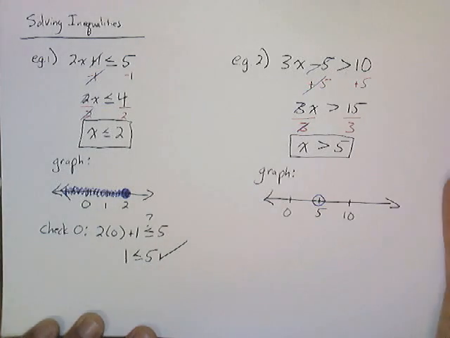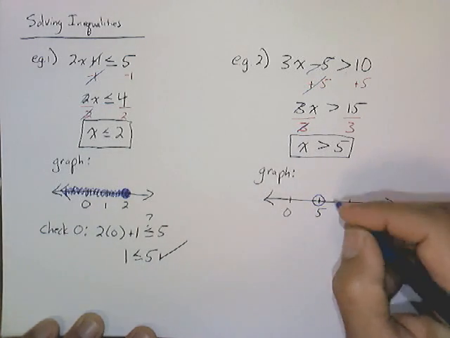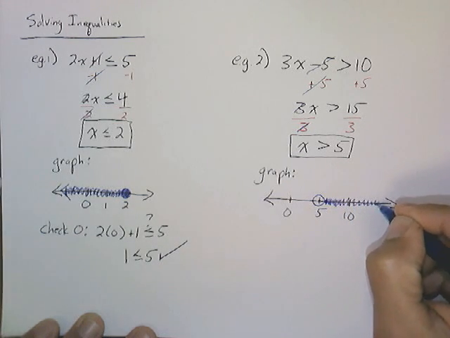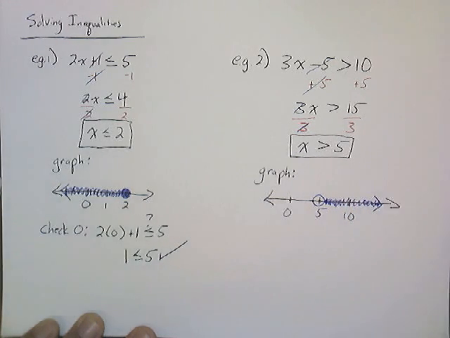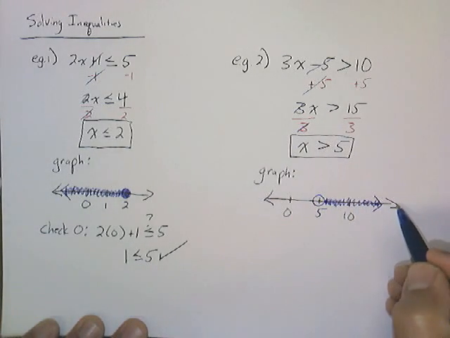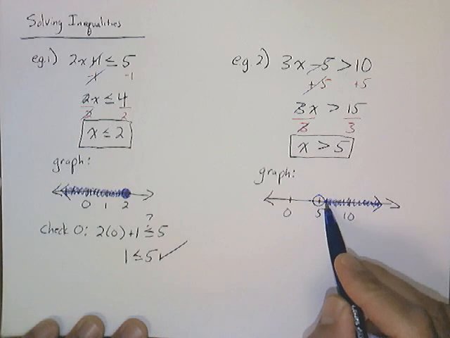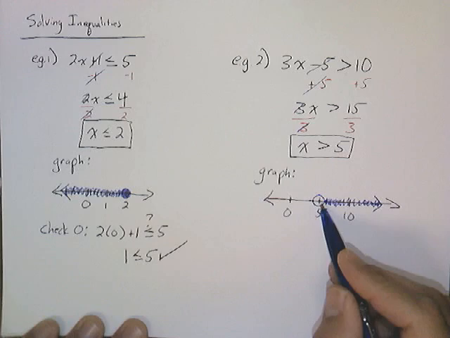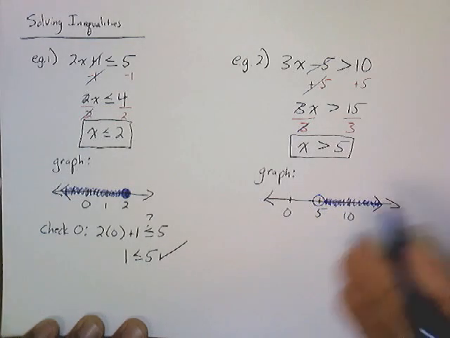But we do want everything to the right of that. So we just shade to the right, put a little arrow there. So we're not wanting 5, but we want every single thing to the right of 5. As close as you want to get to 5, those points are included. Even between 5 and 5.1, there are infinitely many more points. All of those are included.